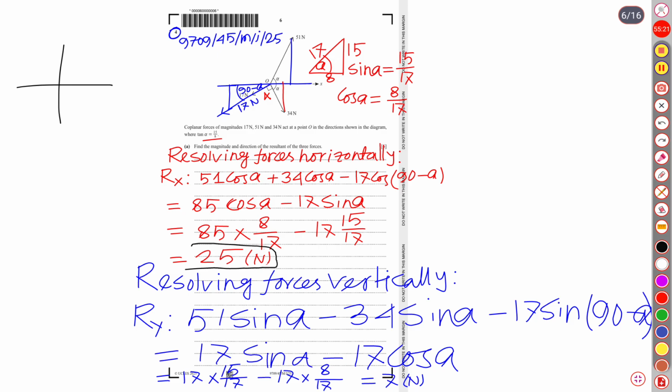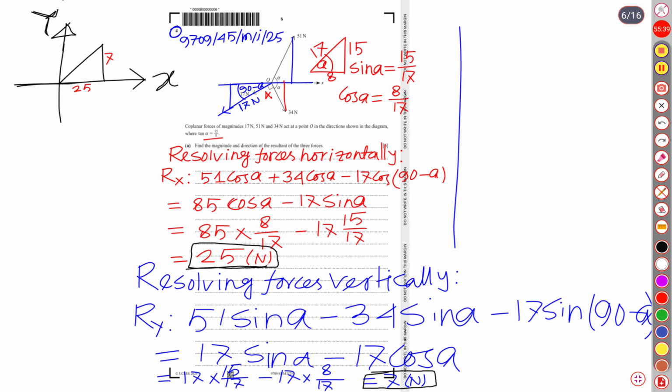For the x direction it is positive 25 Newton and for the y direction that is 7 Newton. That means the point will be over here. The horizontal resultant force is 25 and vertical is 7. So this is actually our magnitude.